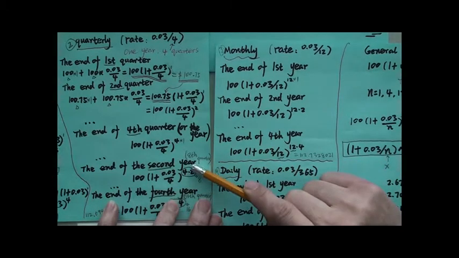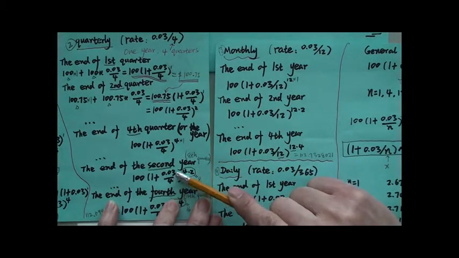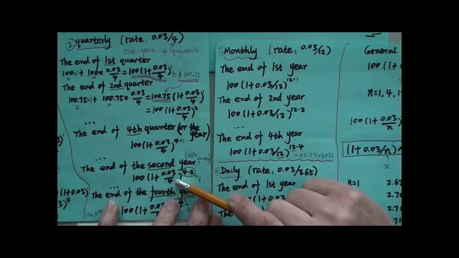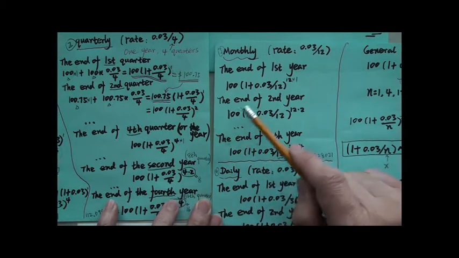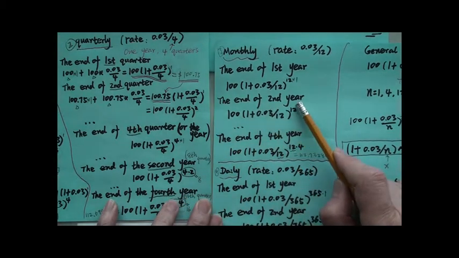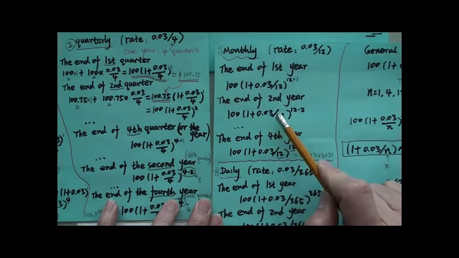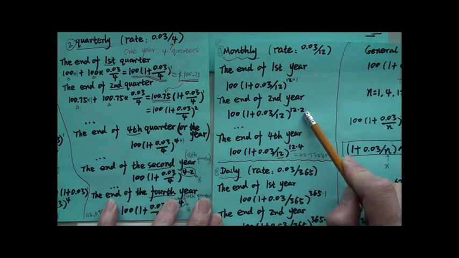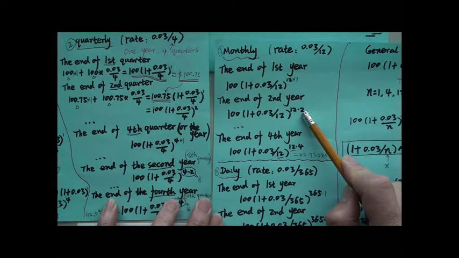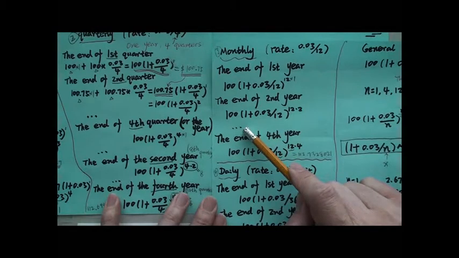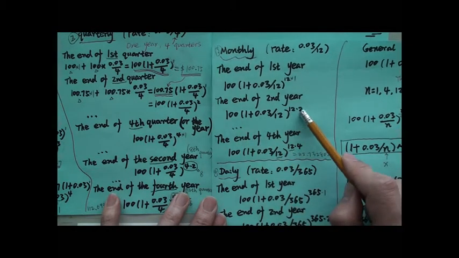The end of the second year, here the rate is 0.03 over 4. Here is 4 times 2. That's the end of the second year. You follow the same pattern: the end of the second year is 100 times 1 plus 0.03 over 12 to the 12 times 2, because 2 years has 24 months. That's 12 times 2. Again, the end of the third year is 12 times 3.